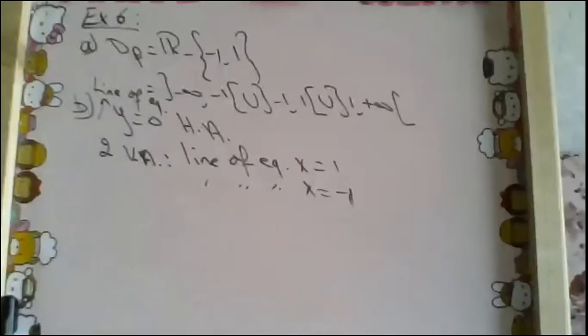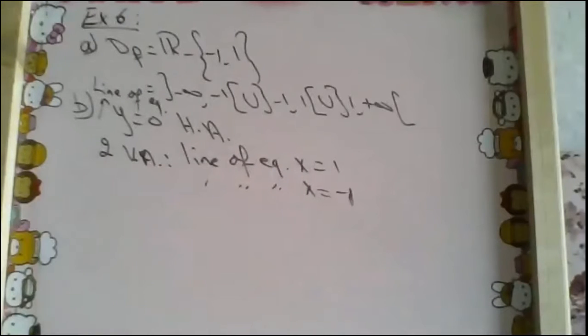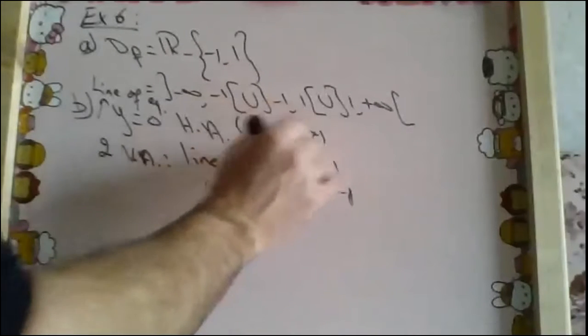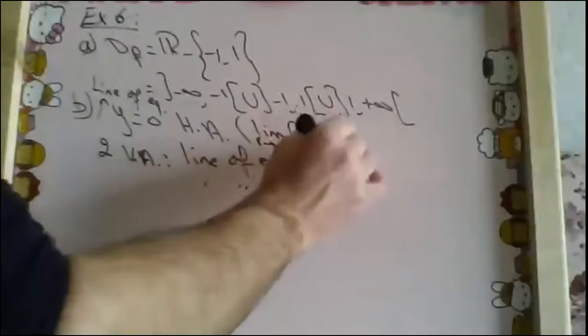From the graph you find the asymptotes. You have x equal -1, x equal 1, vertical asymptotes. You have y equal 0, horizontal asymptote. Done. If you want to add something, you can justify from the graph: the limit of f of x as x approaches positive infinity equals 0, so y equals 0 is a horizontal asymptote.